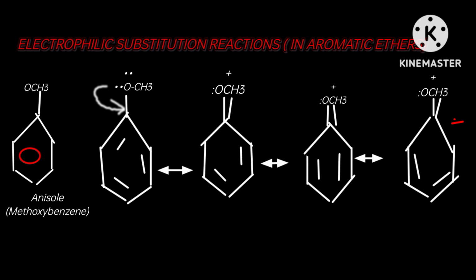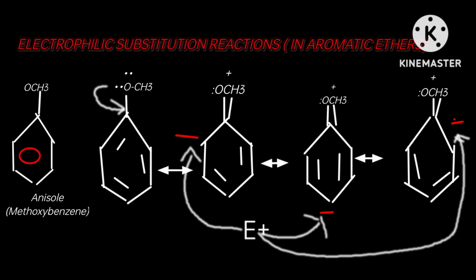We see over here that the alkoxy group is releasing electrons at ortho and para positions. And when it is releasing electrons at ortho and para positions, what will happen? An electrophile E positive likes to come and attach itself at any of these positions.